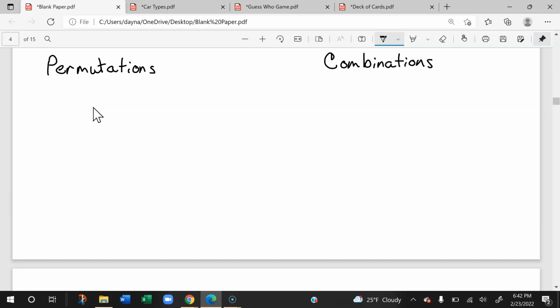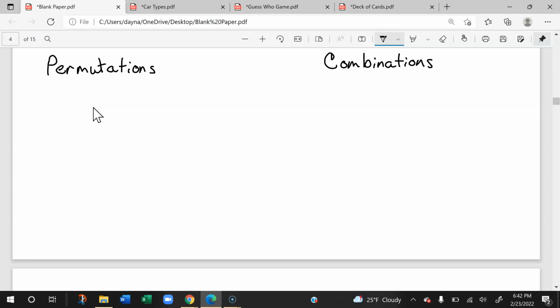So we've talked about the fundamental counting rule. Now let's talk about something called permutations. There's actually two different things. One's called permutations and one's called combinations. And with these two, they're very closely related.